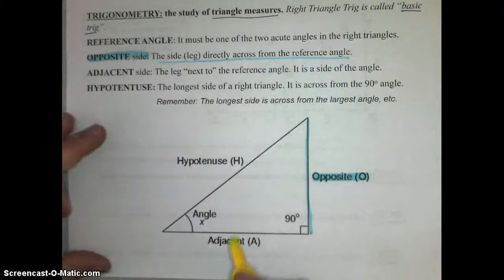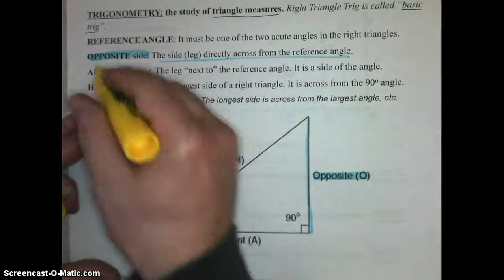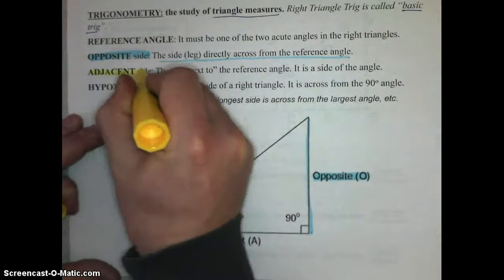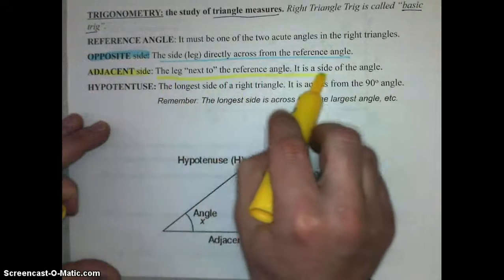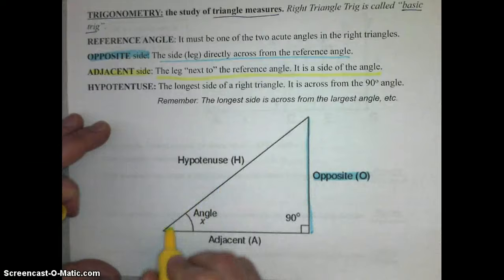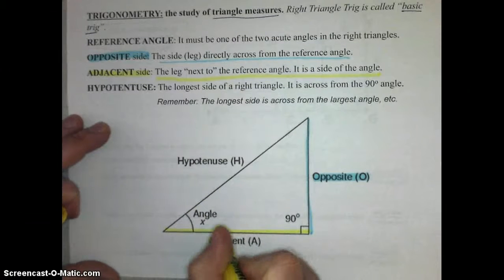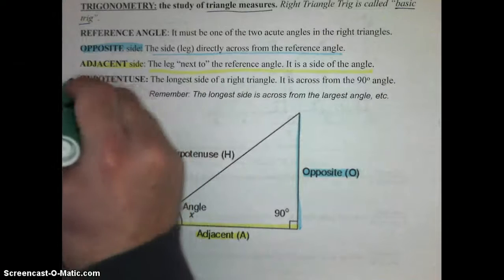The adjacent side is the leg next to the reference angle, and it's a side of that angle. So this would be our adjacent leg. And then lastly, we have our hypotenuse.